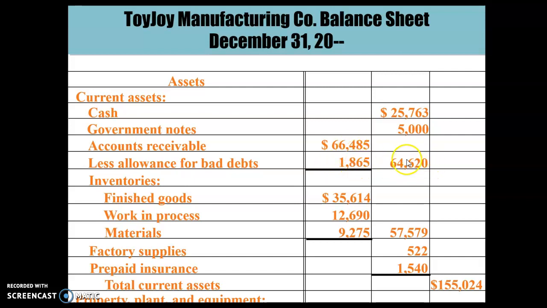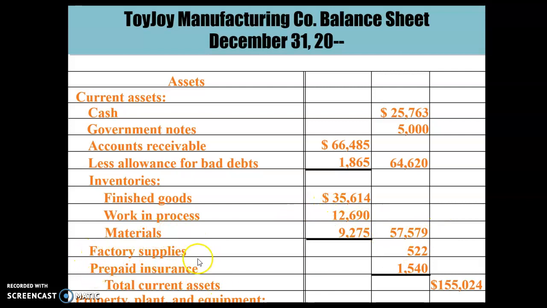Okay, and so this 64,620 that's left over is the amount of the accounts receivable customers we think the customers are actually going to give us in cash. The inventories are all current assets. And again, the finished goods go first, then work in process, then materials. Those are added up.